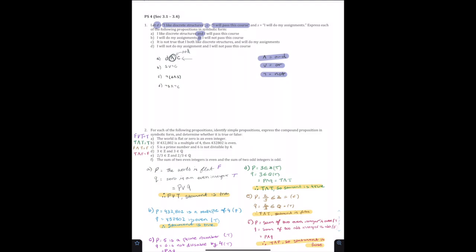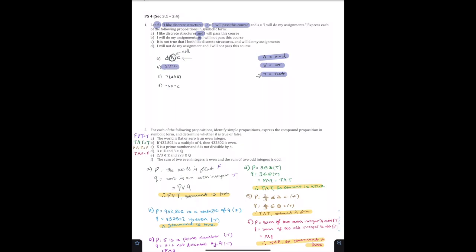Now we look at the statement, I will not pass this course. From the question, we don't have that statement, so we look at C, because it's the closest one to it. It says, I will pass this course. And if you want to add a not, we add the negation, which is this symbol right here. So that will equal this answer right here.